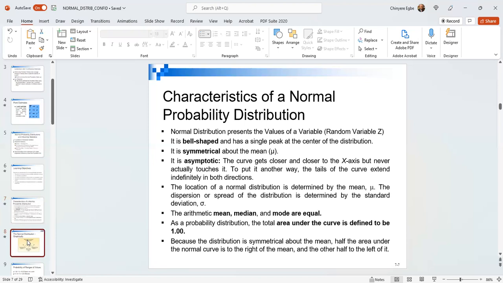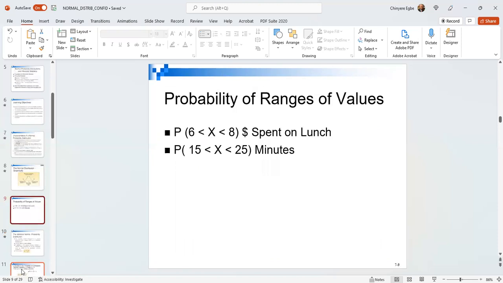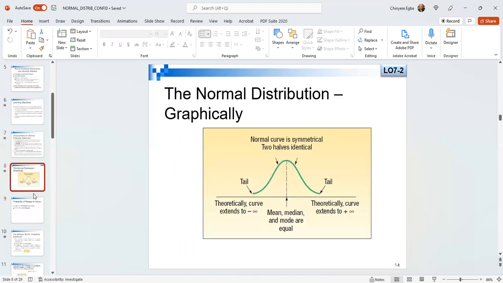Now, as we said the last time, the normal distribution is bell-shaped and symmetrical, and so the value of the mean is exactly in the middle. I'm going to put some information here.